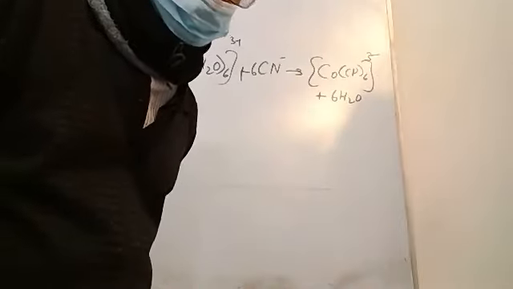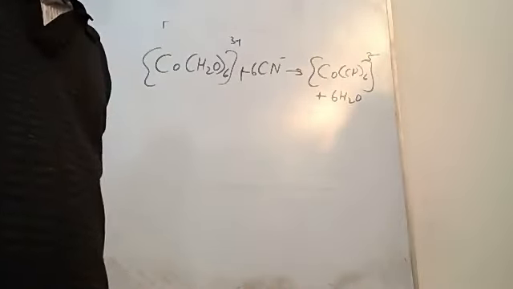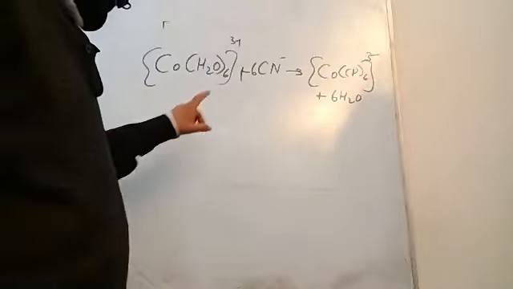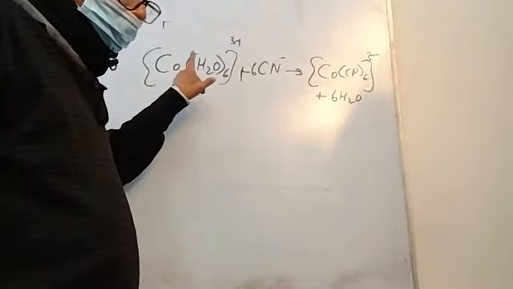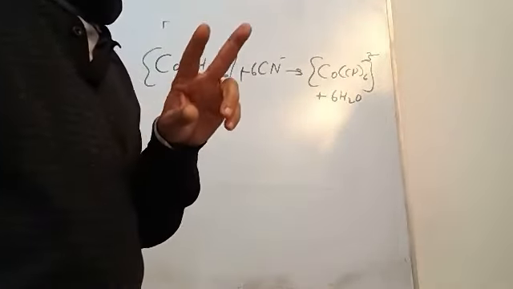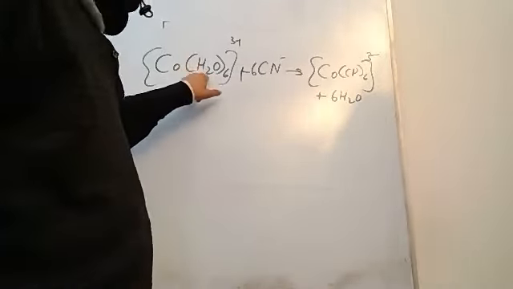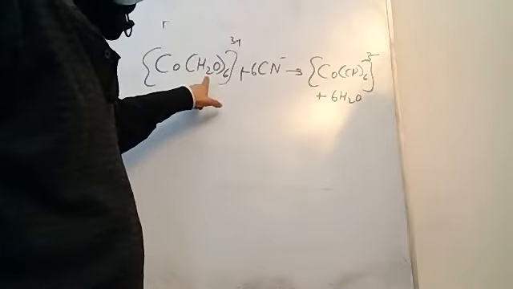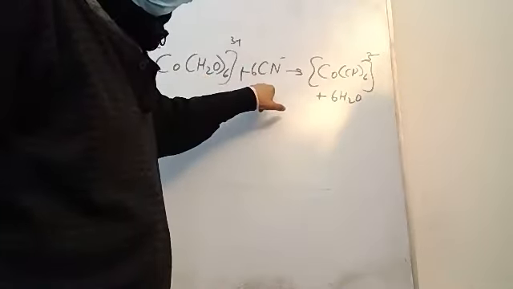In here, something crazy happens. The early indication that something may not be right is that you're exchanging a weak field ligand, such as water, with a strong field ligand, such as cyanide.